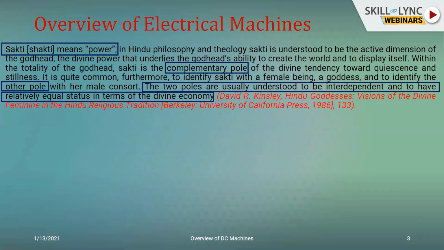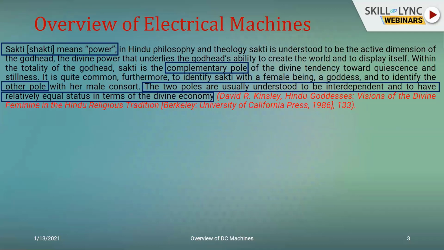The two poles and the dynamics between them are nothing but your magnetic flux density, and the circuit that will be interacting with this magnetic flux density would be your rotor circuits. That forms the moving circuits, which in turn results in the rotational movement of the machine, which when coupled to a shaft and connected to a load drives the application.